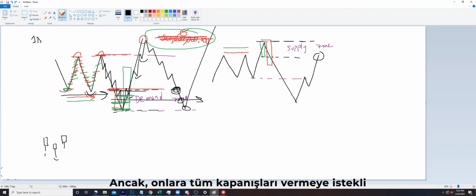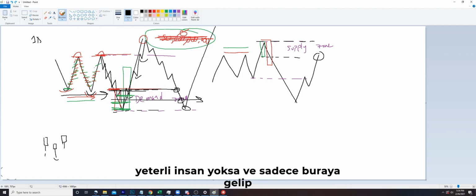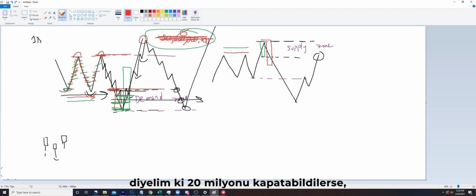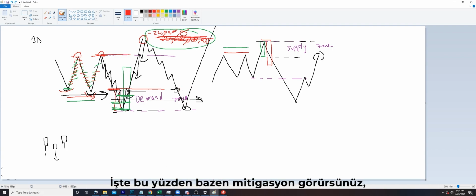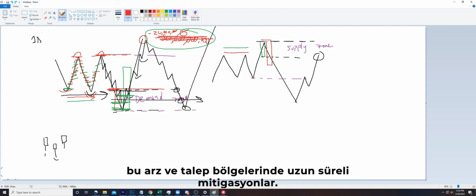However, if there weren't enough people that were willing to give them all the closes and they were only able to come in here and close, let's say, 20 mil or something, or like 30 bill, they're still at negative 20 bill, right? Which means that they could easily take off, right? And come back in maybe to halfway, close even more. And that is why you see mitigation, sometimes prolonged mitigation, in these areas of supply and demand zones.